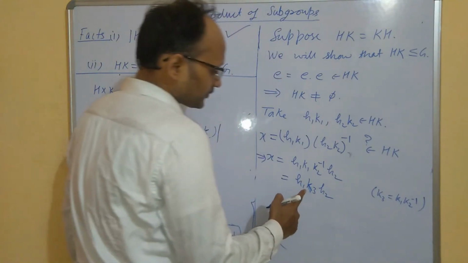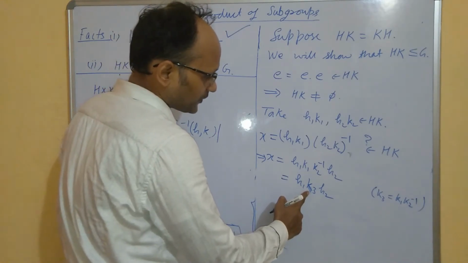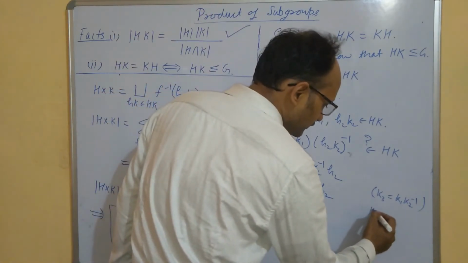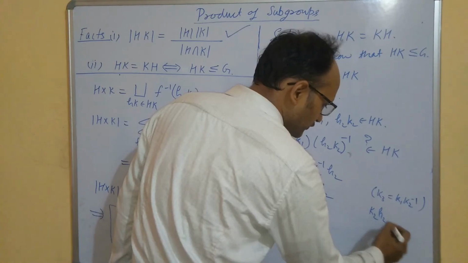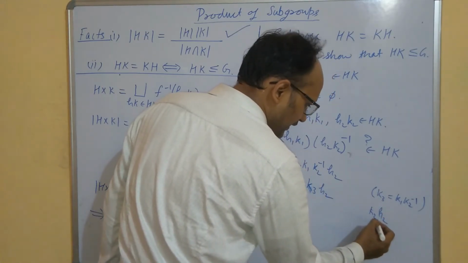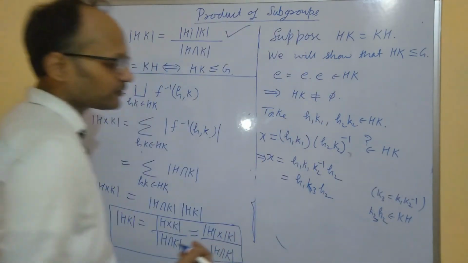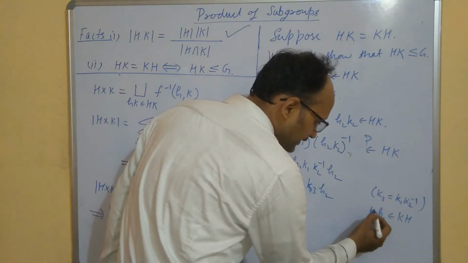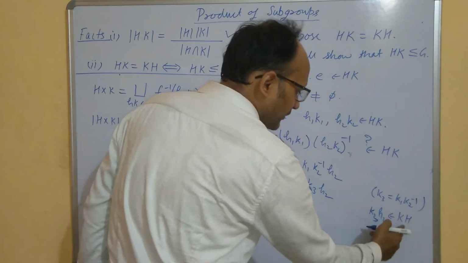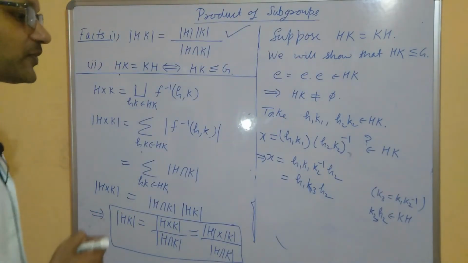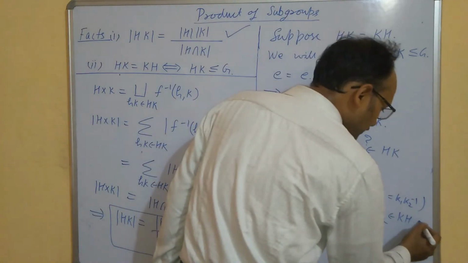Now this k3 h2 inverse belongs to KH, because k3 is an element of capital K and h2 inverse is an element of H. But KH is equal to HK.